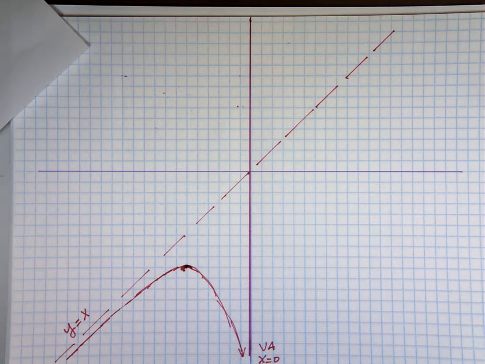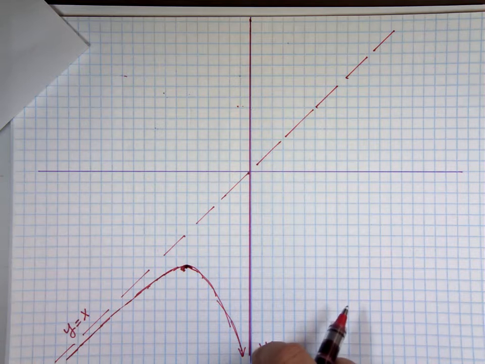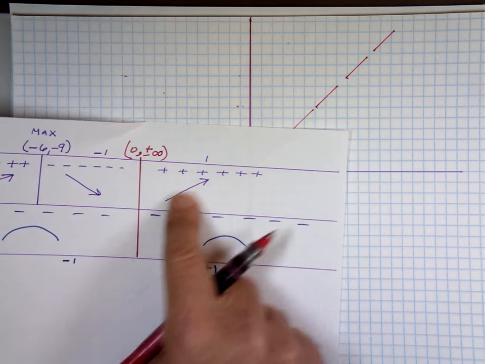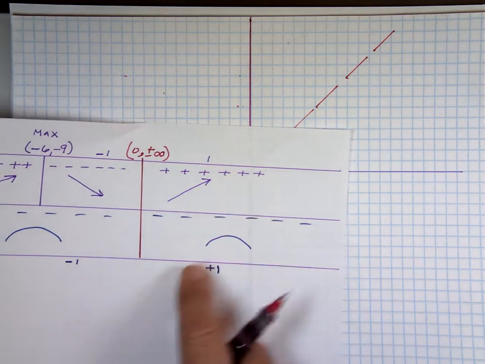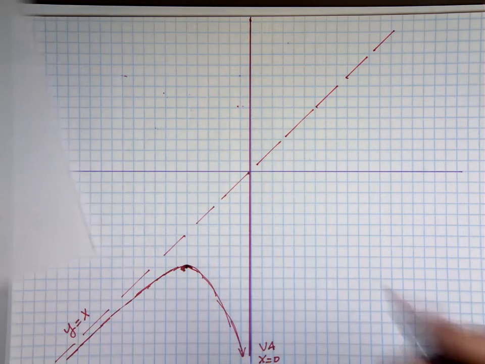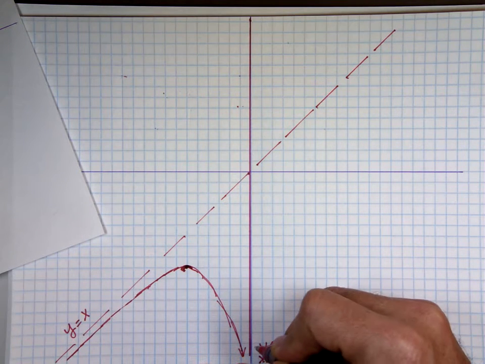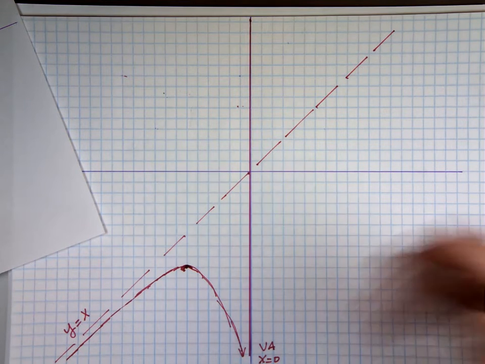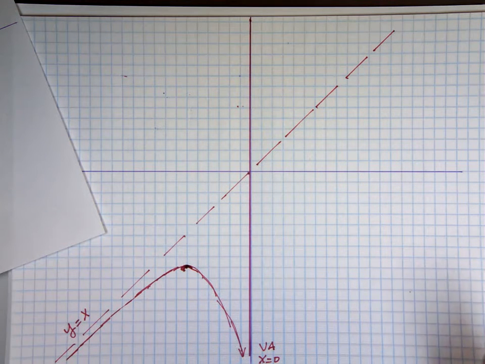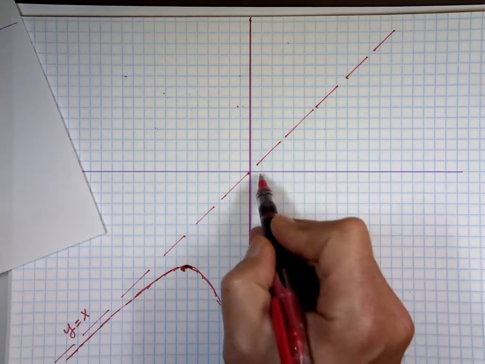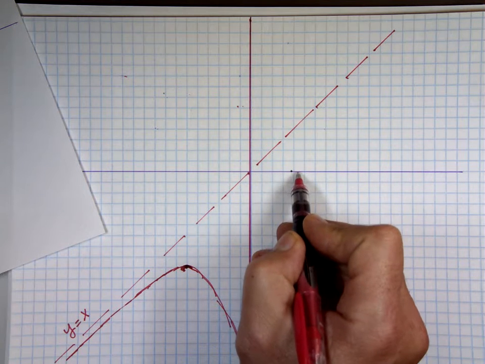After that, the function, according to this one, increases concave which way? Upward. Increases from here. Now, if I have my x-intercept, which we did calculate, that's where? Roughly 4.7? Somewhere here.